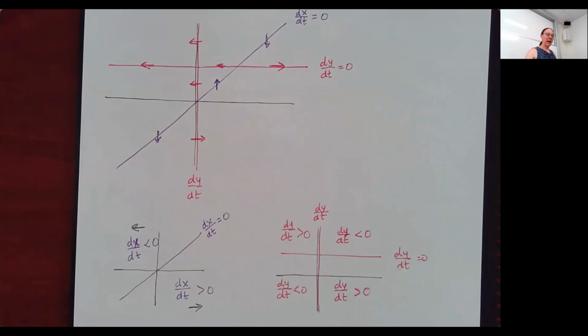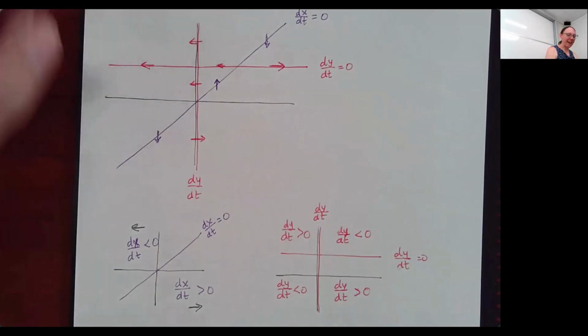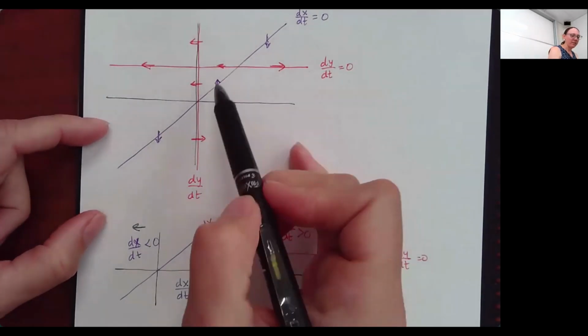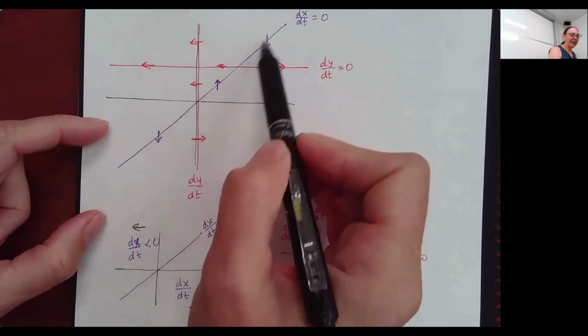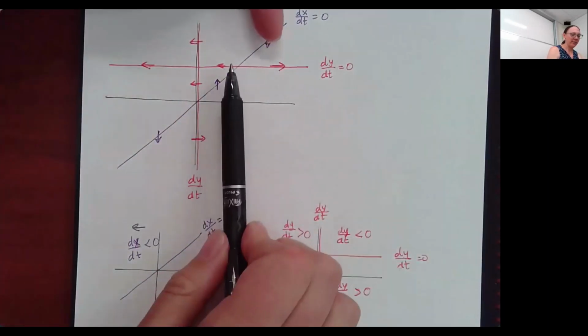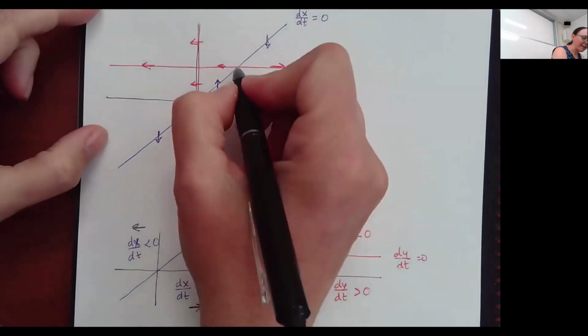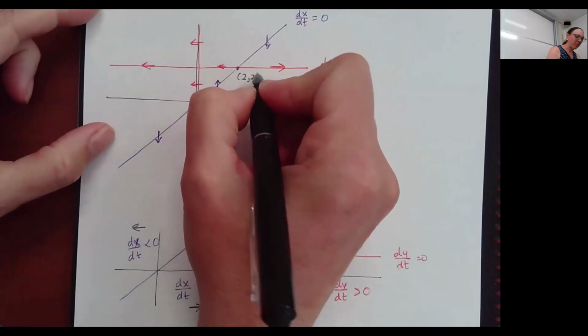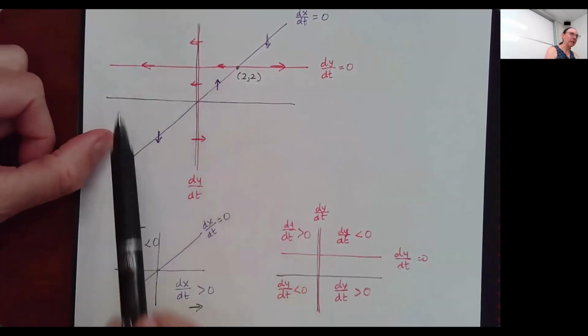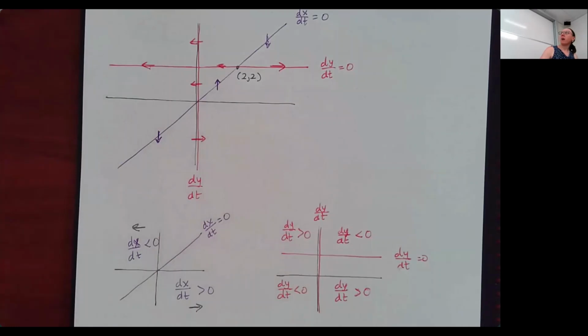And for me, I can already see that this is a saddle because in one direction my arrows are kind of coming together, and in the other direction, my arrows are headed apart. So I can see that (2, 2) is a saddle, and over here, I can see the spiraling happening, right?